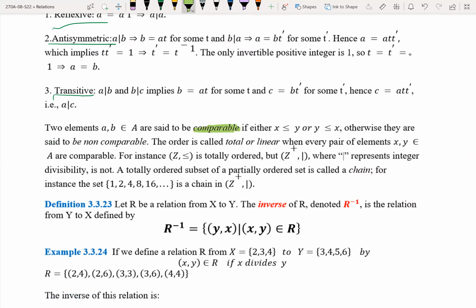So you can define two inputs to be comparable, because either the relation x is less than or equal to y works, or the relation y is less than or equal to x works, right? Not both of them, either one. For the relation less than or equal to, either of these two is true, so that means you can compare them. If I give you any two numbers, you can compare whichever is smaller or bigger. This is what we call a comparable relation.